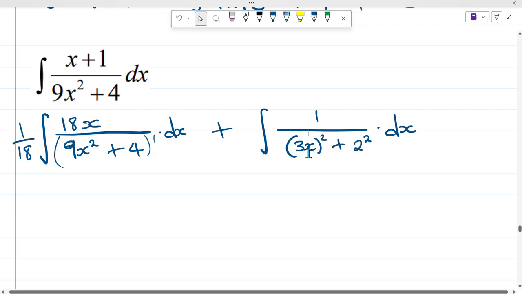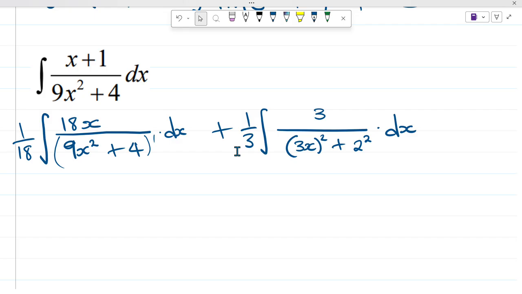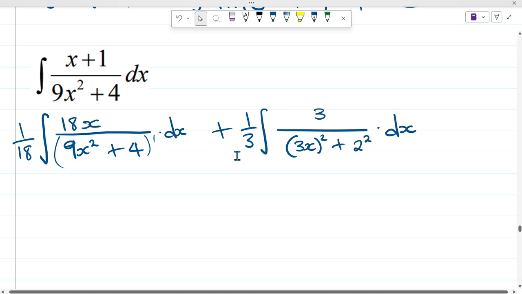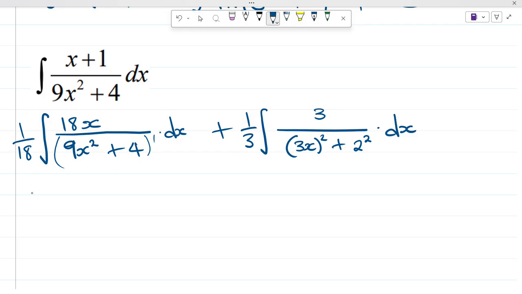The derivative of 3x is just 3, so we can put 3 and then have 1 over 3 outside. So the 3 and 3 are going to cancel out, and this goes back to the one that we had initially, meaning I didn't change the equation. So we can just apply the thing now.